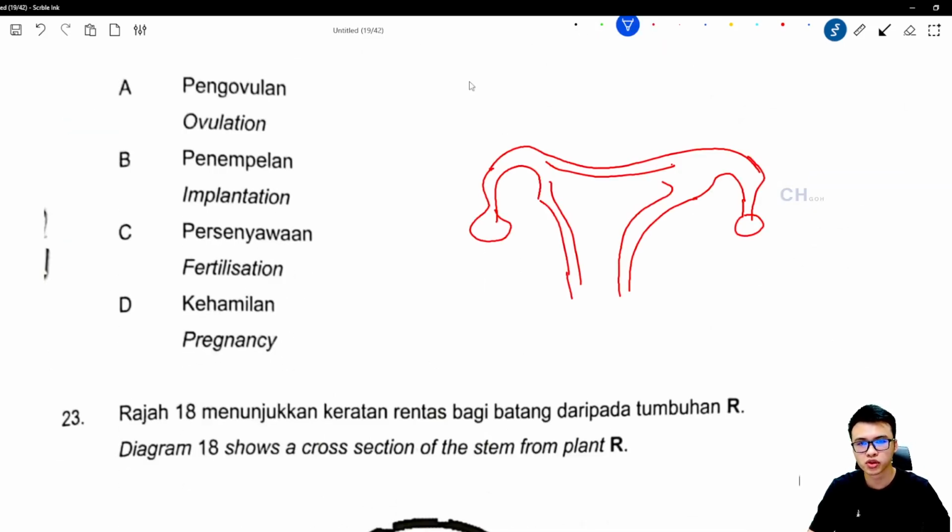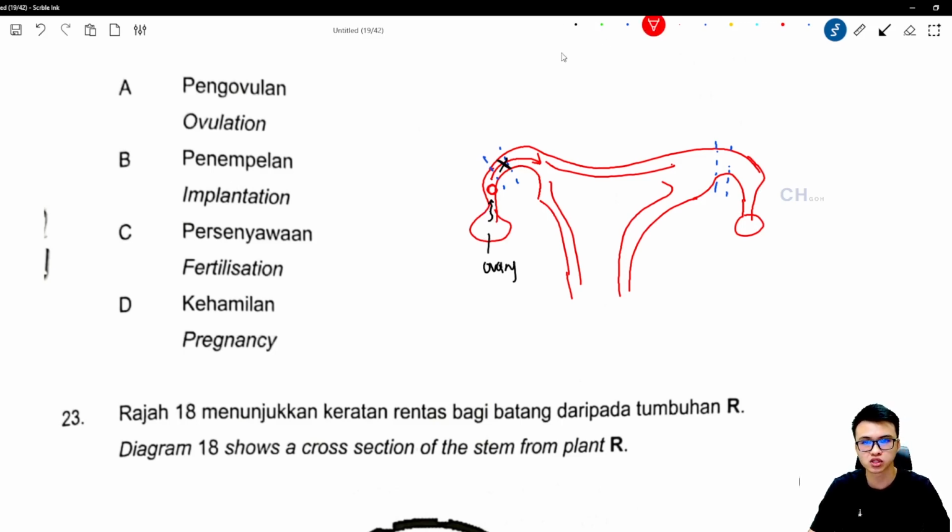The function of the fallopian tube is to deliver the ovum from the ovary to the uterus. So let's say you remove the fallopian tube, you are not going to deliver the ovum, but you still have the ovary. When you still have the ovary, you can still produce the ovum naturally.